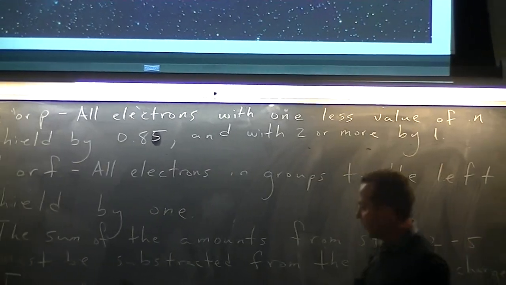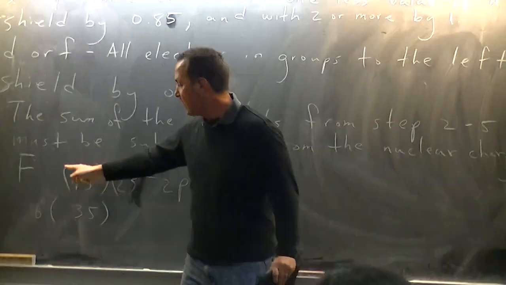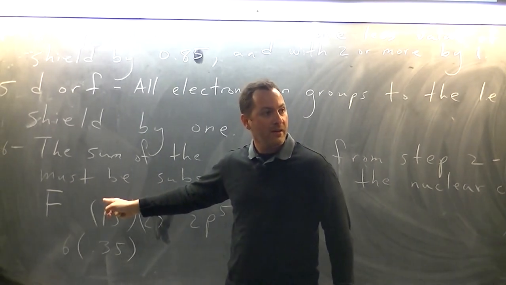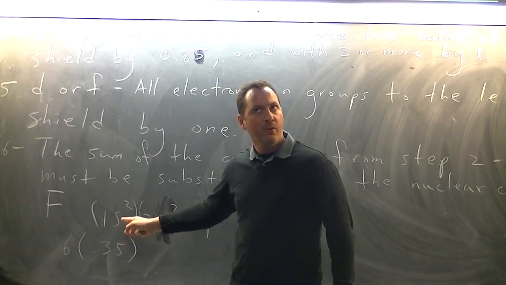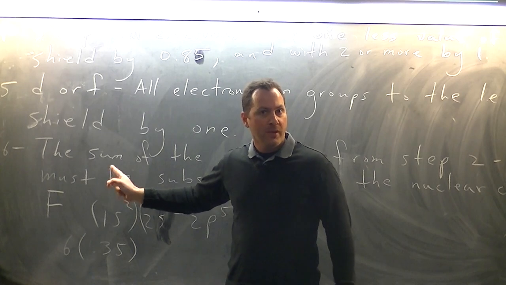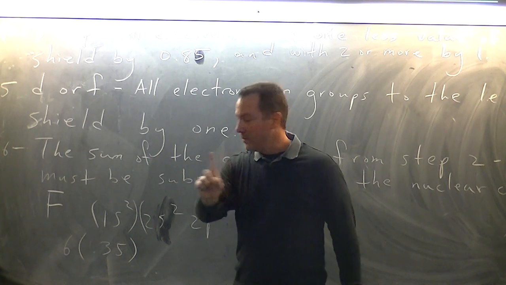Okay, so I already took care of the electrons here. Now I'm going to take care of these 2 electrons. So those 2 electrons are what? Is it n-1 or n-2 or more? n-1. Right? n will be 1.